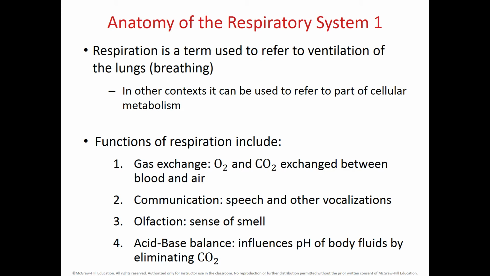The functions of the respiratory system, besides gas exchange, will be communication, because we have several organs that help us to produce speech or other vocalizations. And also, as we already described, the respiratory system helps to control the acid-base balance.